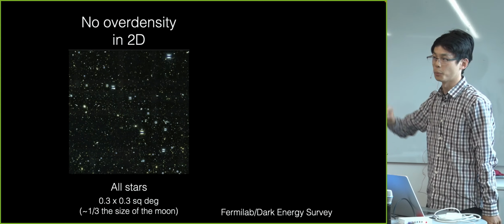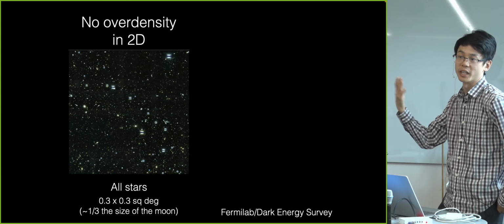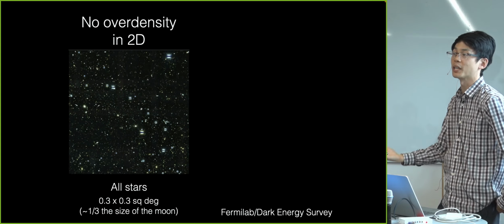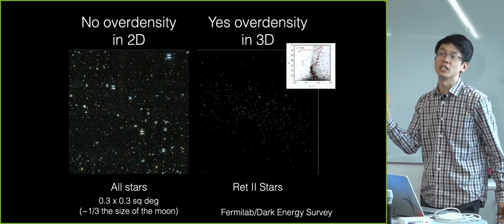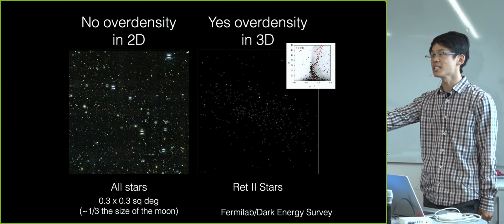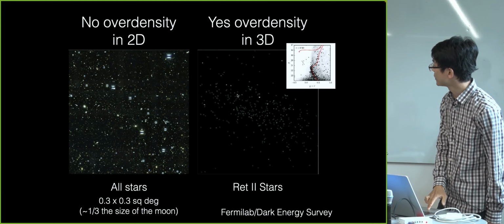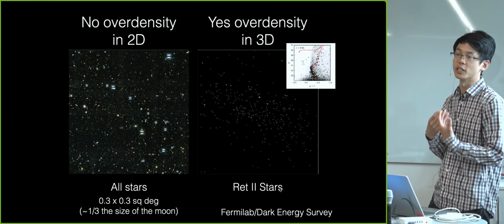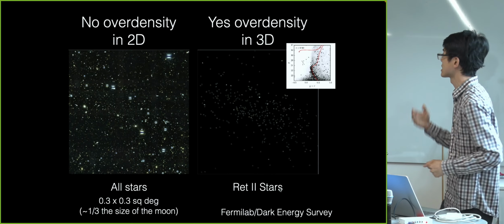It just looks like every other patch of the sky. And that's because there are so many stars inside of our Milky Way, inside of the foreground, which are basically drowning out the galaxy. What you can do with deep wide photometry is essentially do a three-dimensional search, adding the distance dimension by scanning in the color magnitude diagram. When you do that, this thing basically pops out. So it's an overdensity in 3 dimensions, but it's not an overdensity in 2 dimensions in the sky.